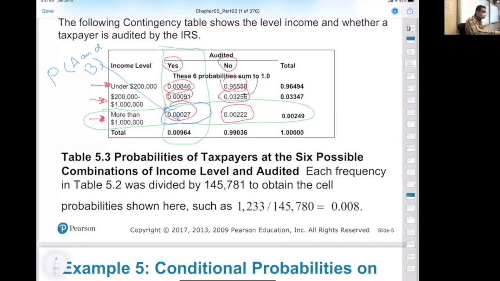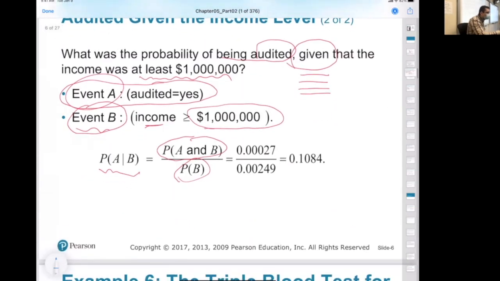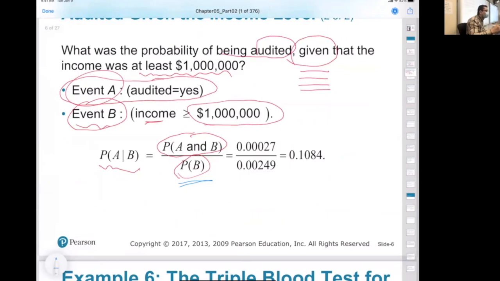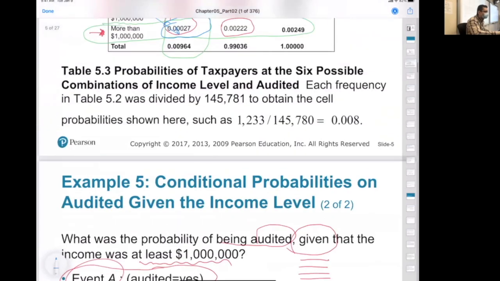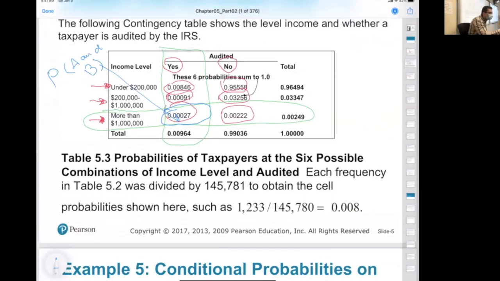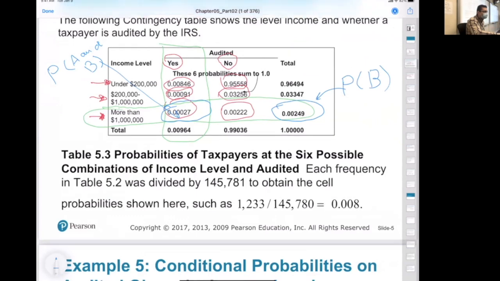What we need else is the probability of B. What is the probability of B? What is B? B, the income is greater than 1 million, regardless of the type of audit, if it's yes or no. So where is this probability? It's here. This one. So this is the probability of B. So all you need is to divide 0.00027 by 0.00249, and you will have the conditional probability like here.